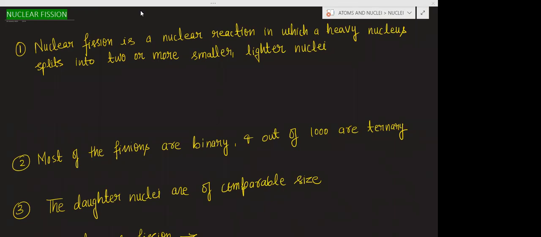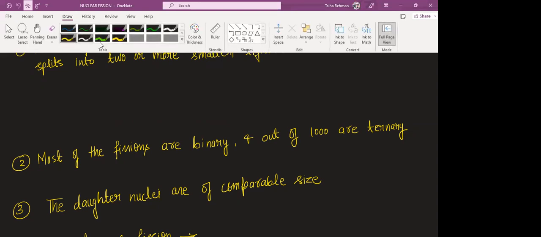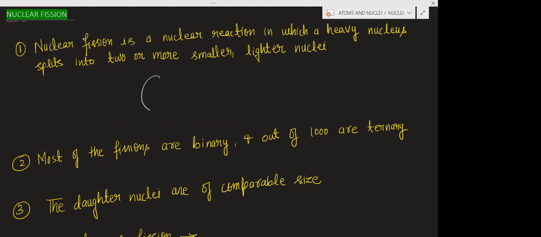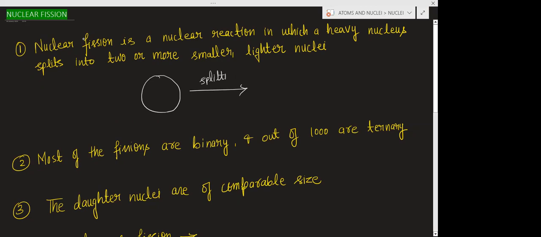For example, suppose you have this nucleus, and this nucleus is splitting into smaller nuclei. These are smaller nuclei.